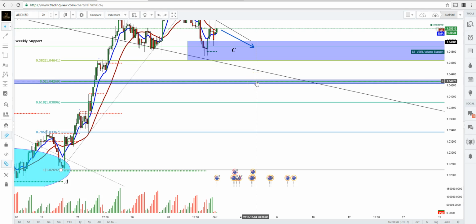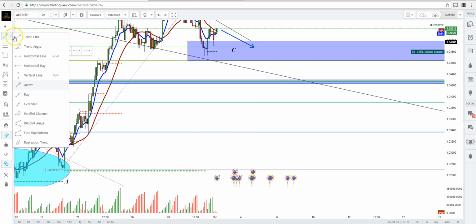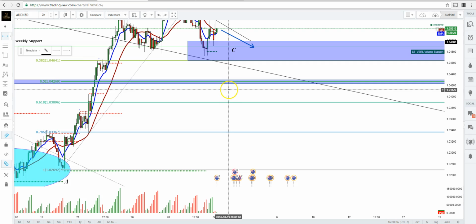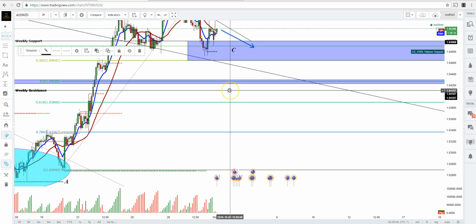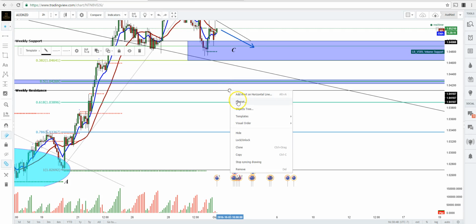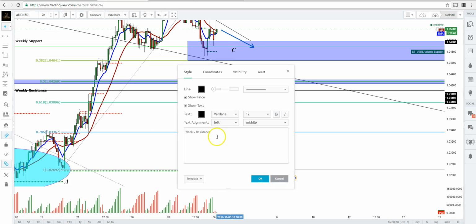So let's just say 1.0426. So let's do 15 pips below that. 1.0410, since it's close to a round number. So this right here would be my stop loss for this trade.